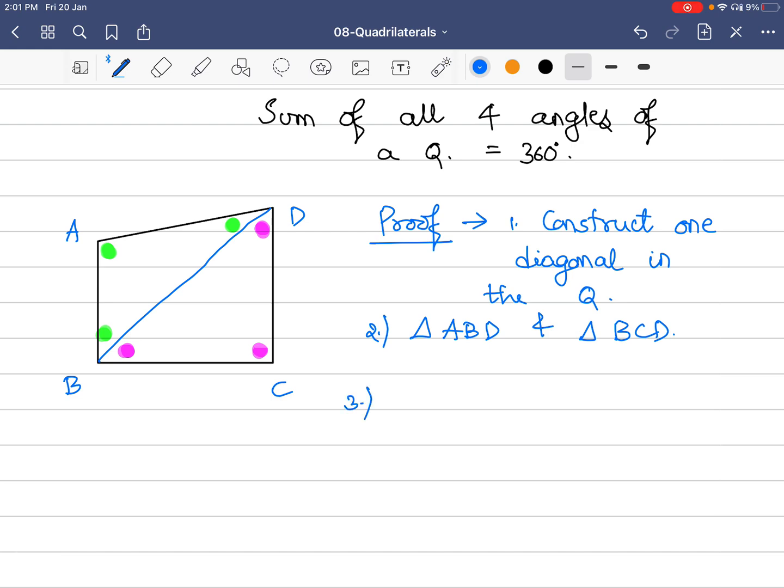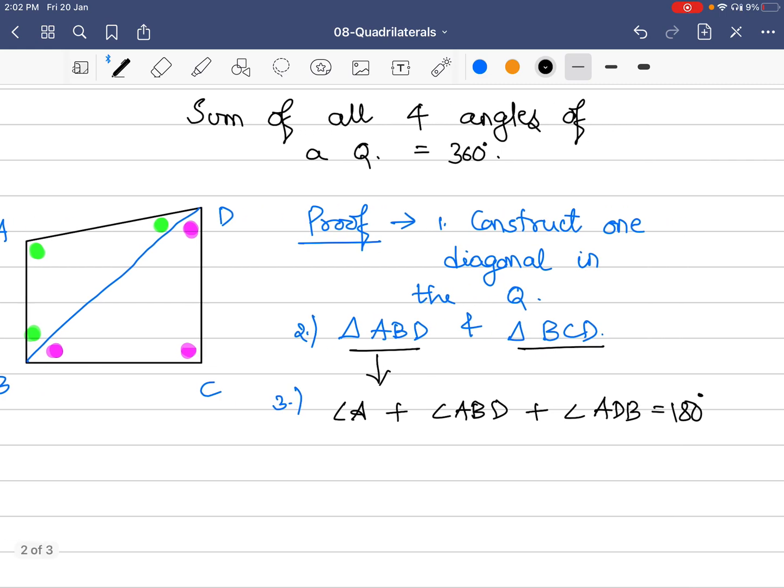So, for triangle ABD, I'm going to say angle A plus angle ABD plus angle ADB is equal to 180 degrees. Okay, and for triangle BCD, let's just bring it down like this.